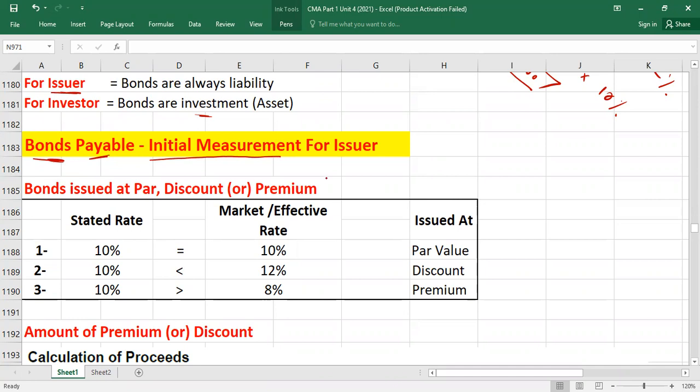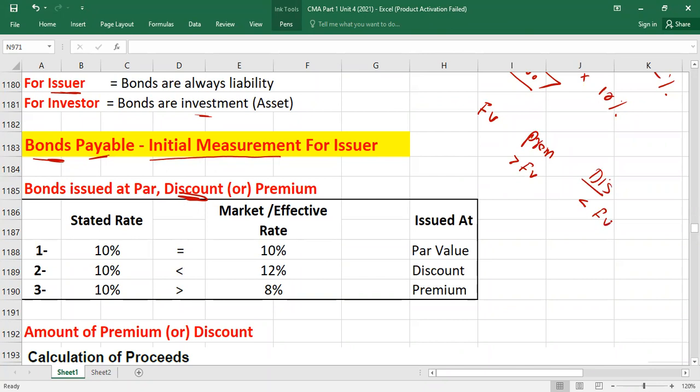Or should we issue the bonds at discount? Discount means you are going to issue the bonds below the face value. It means we got three options: face value, premium, meaning greater than face value, or discount, meaning less than face value.